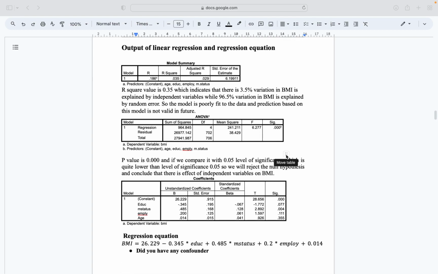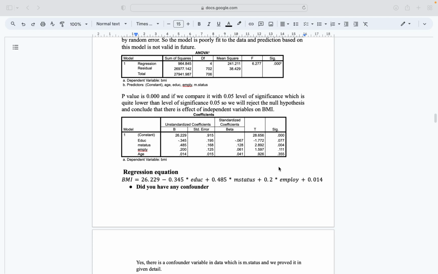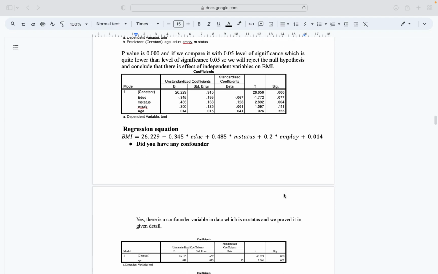And my p-value is 0.0000, which is quite lower than the level of significance of 0.005, which states that I'll therefore reject the null hypothesis. My regression equation is below.